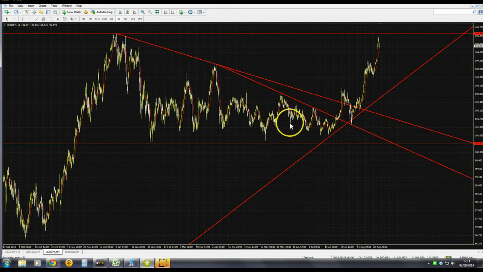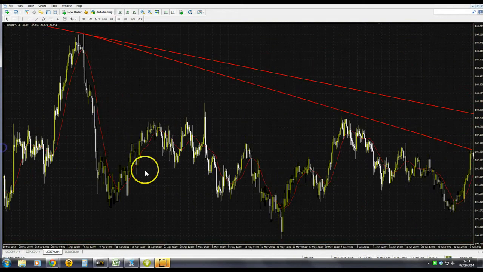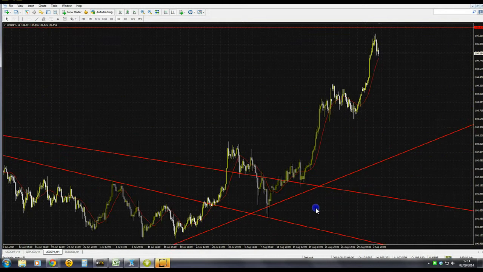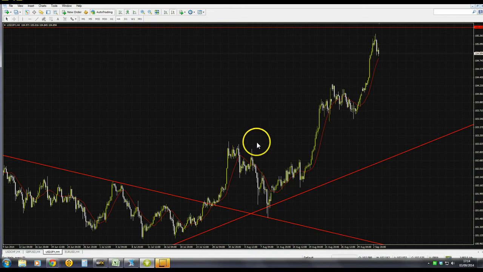As you can see, the price is getting pushed down. Yeah, I would say this is going to be long after this point. And we can see off one of these trend lines we had a nice breakthrough. You'd be looking to go long, and then the price came back down.